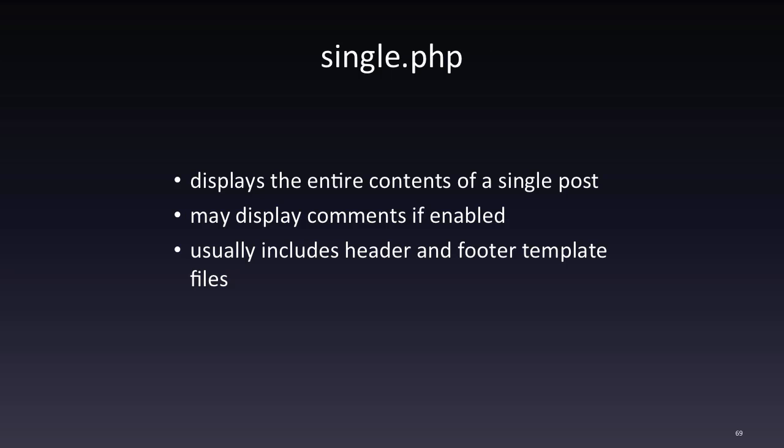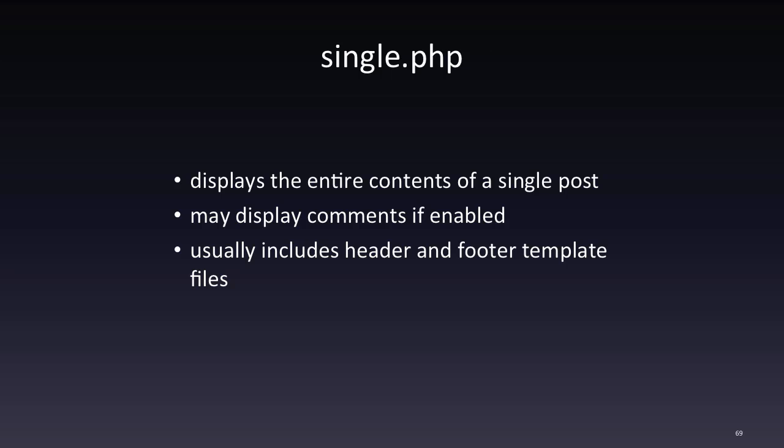The single.php template is what it looks to load if you click on, say, the title of a post. So let's say you've got the home page, you've got a list of posts. You can click on usually the title of these posts, and it will link to the full content of that single post and just display that by itself.